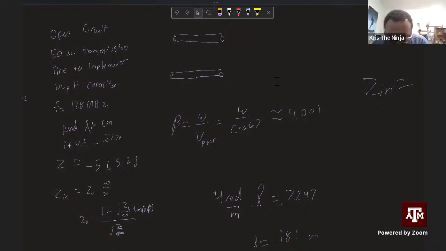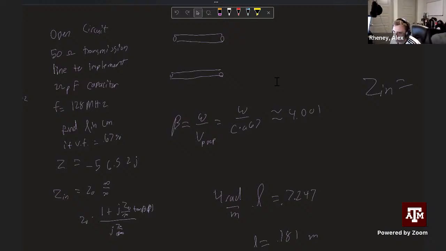Could you repeat that slowly for me real quick? Yeah. So Zn is equal to Z naught times Z2 plus j Z naught tangent beta L, and then that's over Z naught plus j Z2 tangent beta L as well.